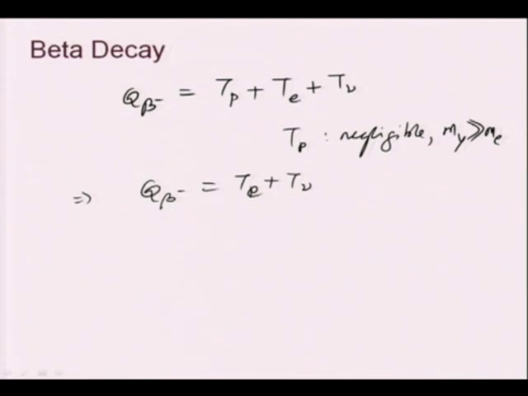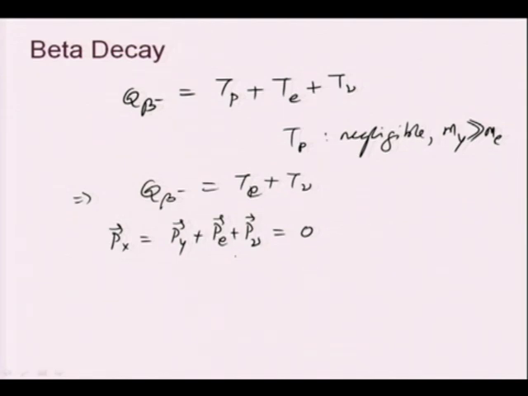And let us look at the momentum relation. P_x is equal to P_y plus P_e plus P_anti-nu. In the rest frame of X, P_x is equal to 0, and it is possible that there are 3 momenta and any one of those momenta can be 0.